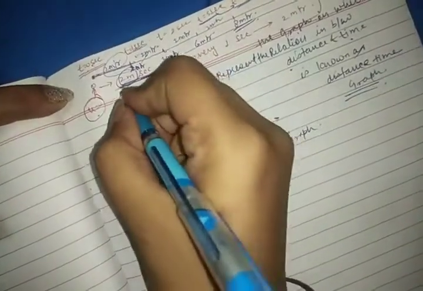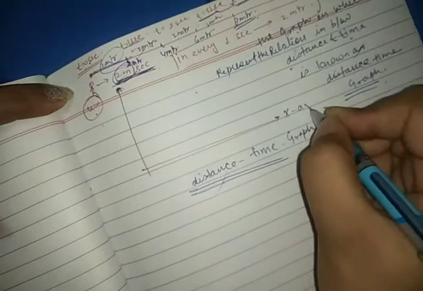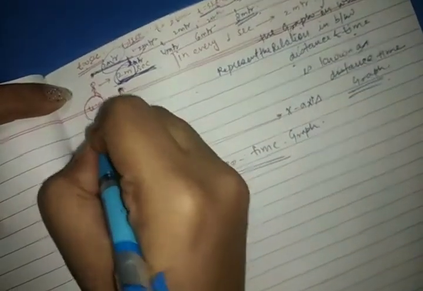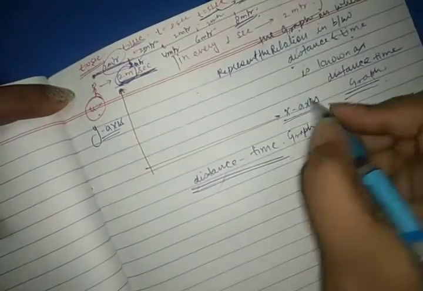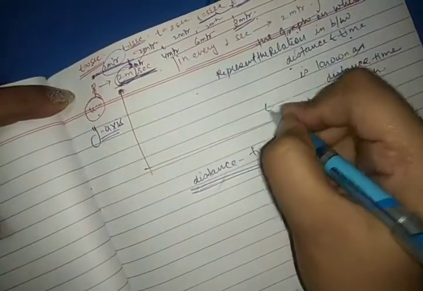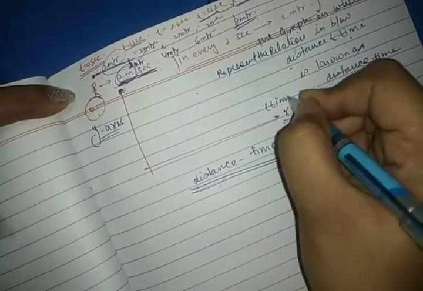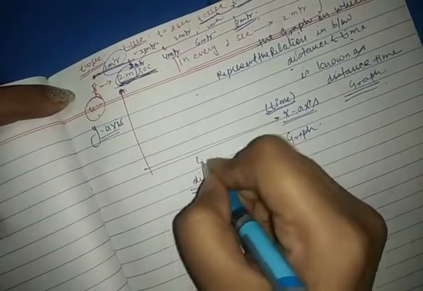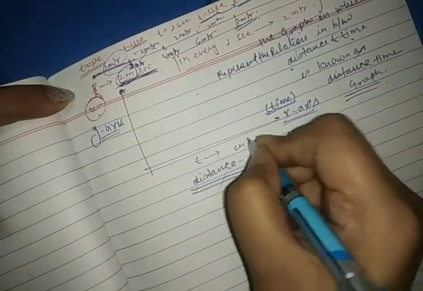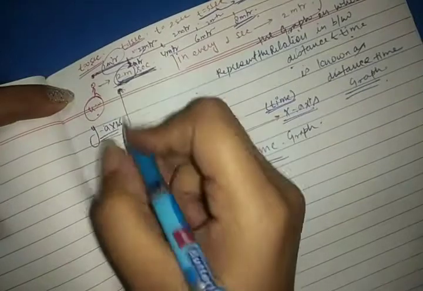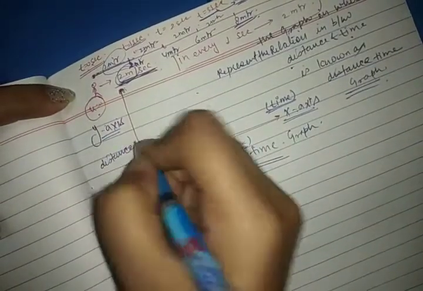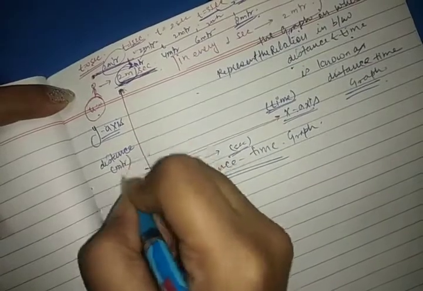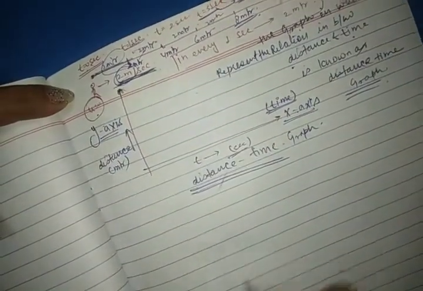So this is your x-axis, this is your y-axis. On the x-axis we take time in seconds, right? So this is time in seconds, and on the y-axis we will take distance in meter. Okay, distance in meter.